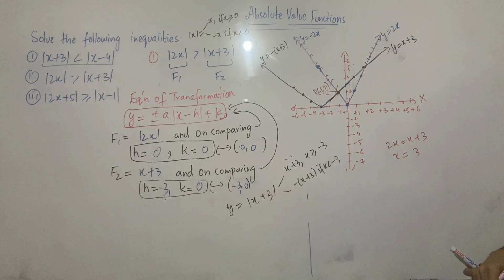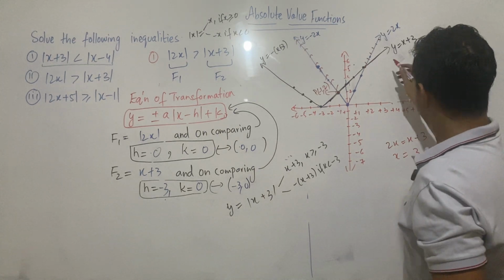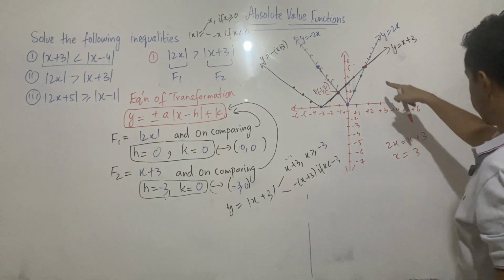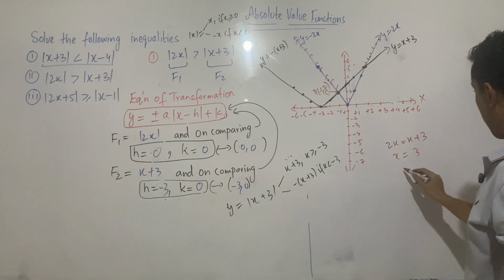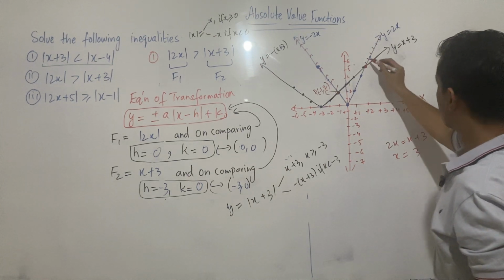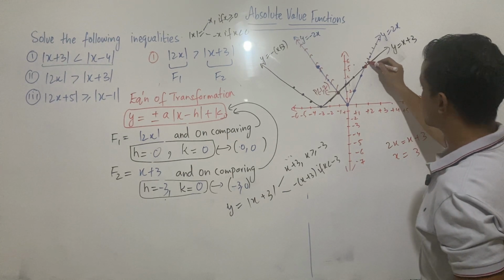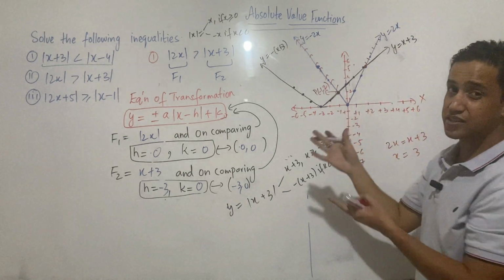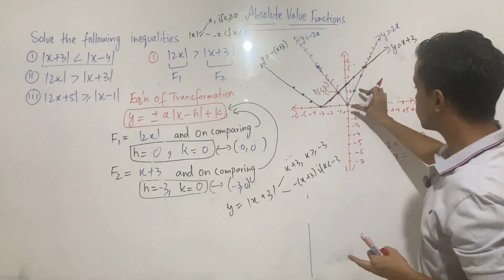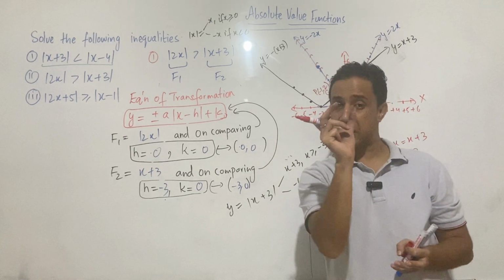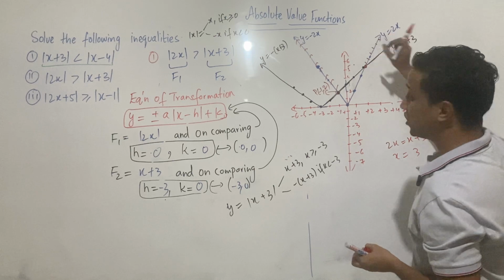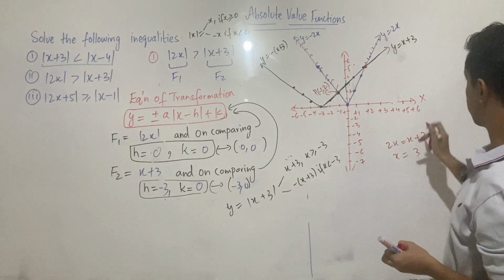So they will intersect at x equals 3, so y is going to be 6. So this point, actually they are supposed to meet here, right? Because I'm just sketching the graph here on the whiteboard, but when you take accurate measurements, you will get the point of intersection at 3, 6.